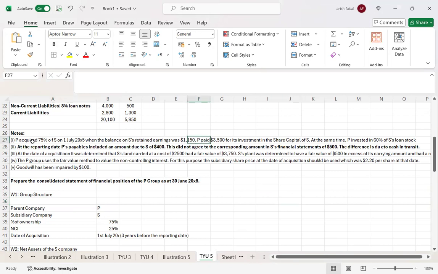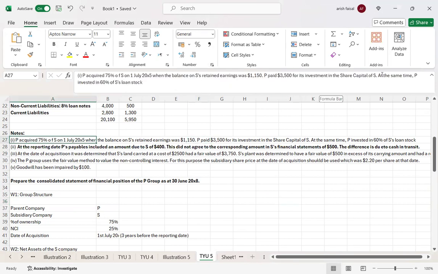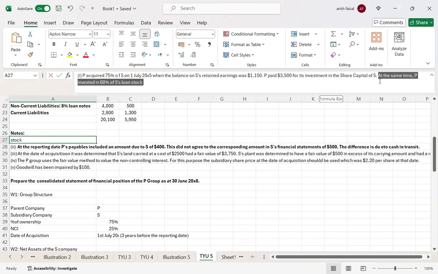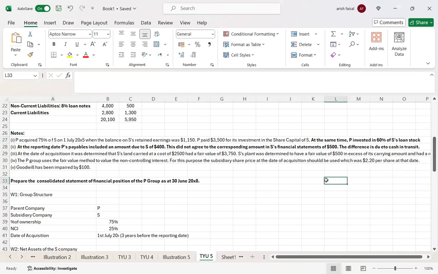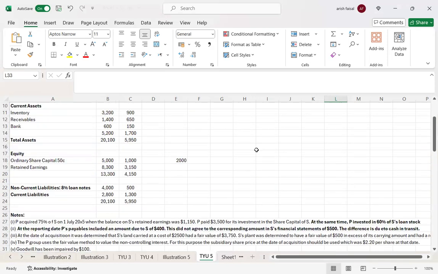And likewise over here also, not the whole point, but this point: the parent invested in 60 percent of S company's loan stock. So this point will also be considered while we are preparing the balance sheet. With practice, you will understand which points you have to consider while you're doing those top five workings, and which points you have to consider while you're making the balance sheet.